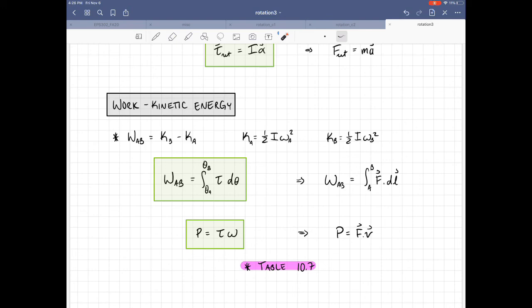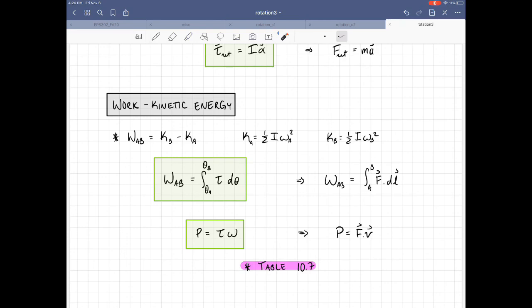And so we evaluate the integral of the torque that's generated, and we integrate over the entire change in angle during which this torque is applied. So we integrate from angle A to angle B. Exact same approach, just with our angular or rotational quantities.